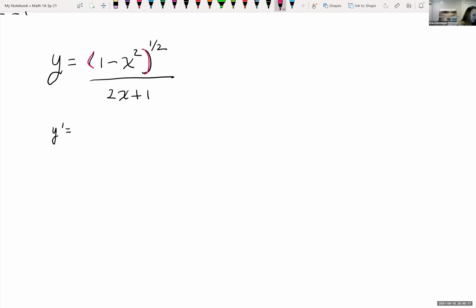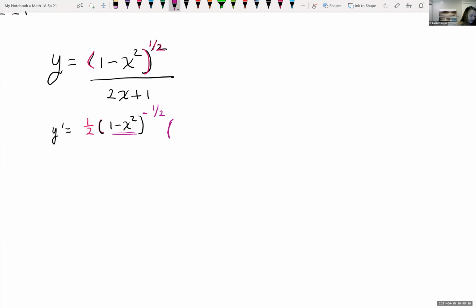So the derivative of the outer, so 1/2 of the inner, 1 minus x squared, subtract 1 from our exponent. So 1/2 minus 2/2, so that's -1/2, times the derivative of the inside. So don't forget about that.